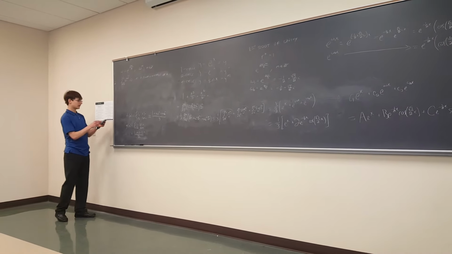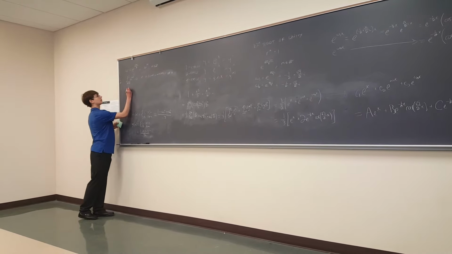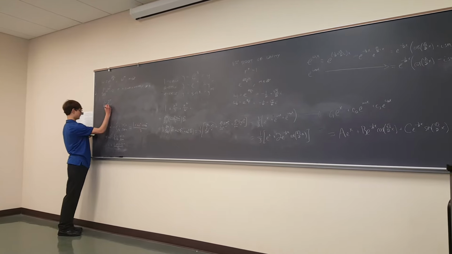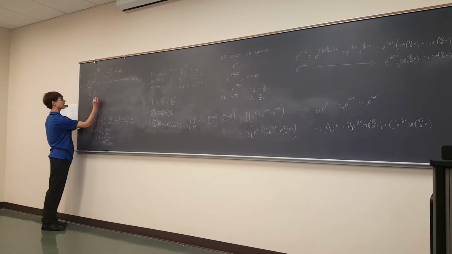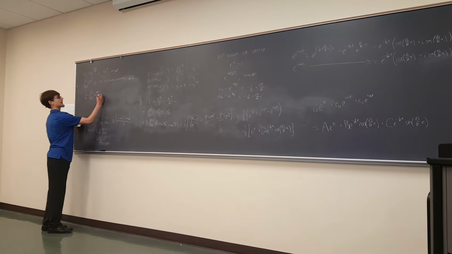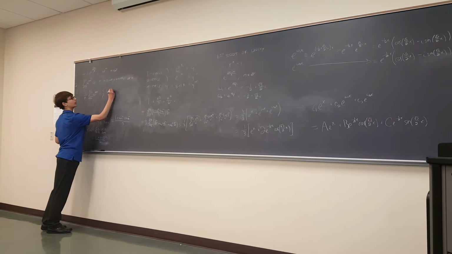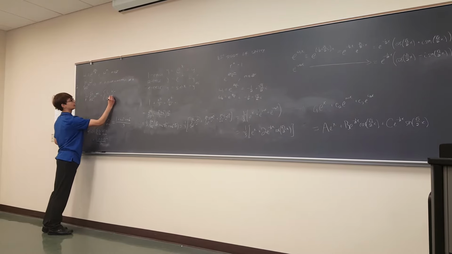So using this, our analogous function to f is 1 over k times the sum of m goes 0 to k minus 1 of omega to the mn. And this equals 1 if k divides n, like n is a multiple of k, and 0 if k does not divide n.